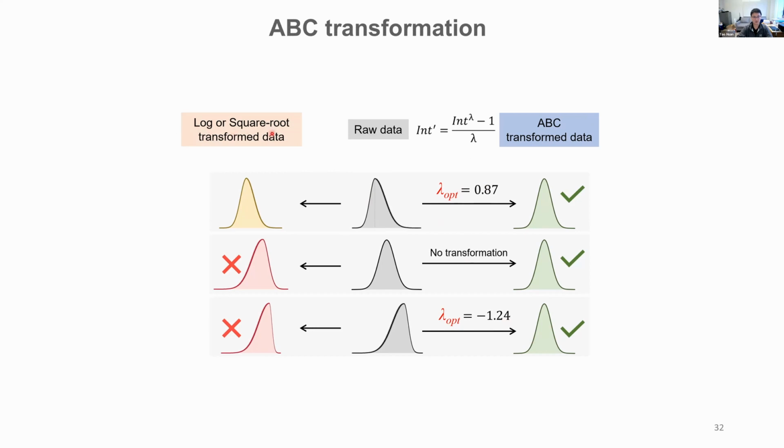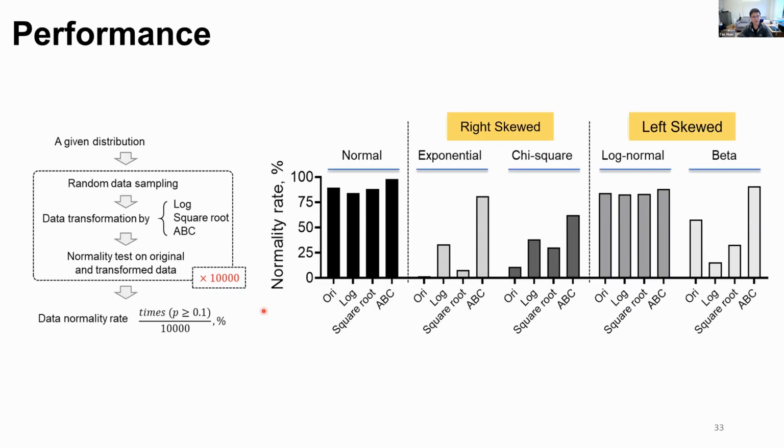On the other side, when we are talking about log or square root transformation, it only works for left skewed data, but it doesn't work for right skewed data. And of course, we need to test its performance. We can mathematically simulate a data distribution, apply the different data normalization methods, and then check the normality after the data normalization.